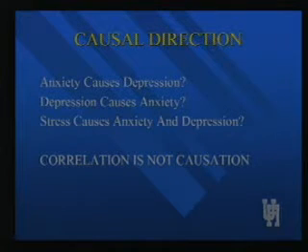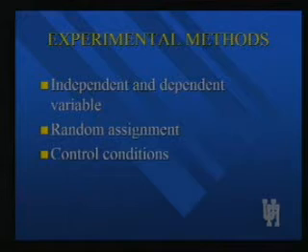Experimental methods are an attempt to be able to demonstrate causality. Here you have an independent variable and a dependent variable. The dependent variable is the thing that you want to measure as the possible effect, and you're going to independently set the value of the independent variable.